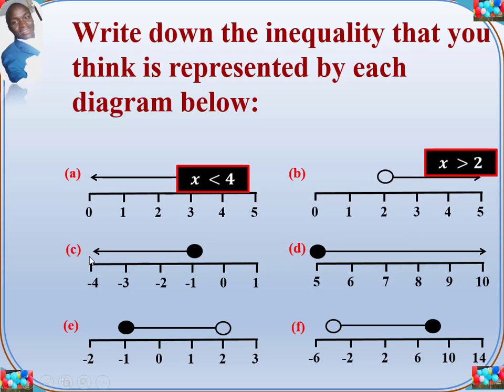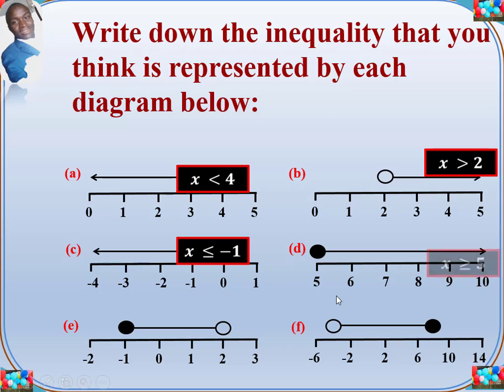If we go to C, you can see there is a closed circle on top of -1. Therefore, we can say x is less or equal to -1. When we go to D, there is 5, and the values are starting from 5 onwards, and there is a closed circle.